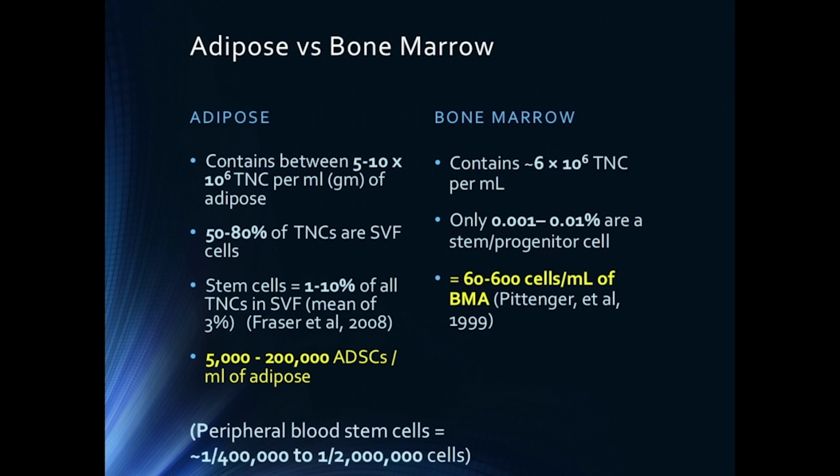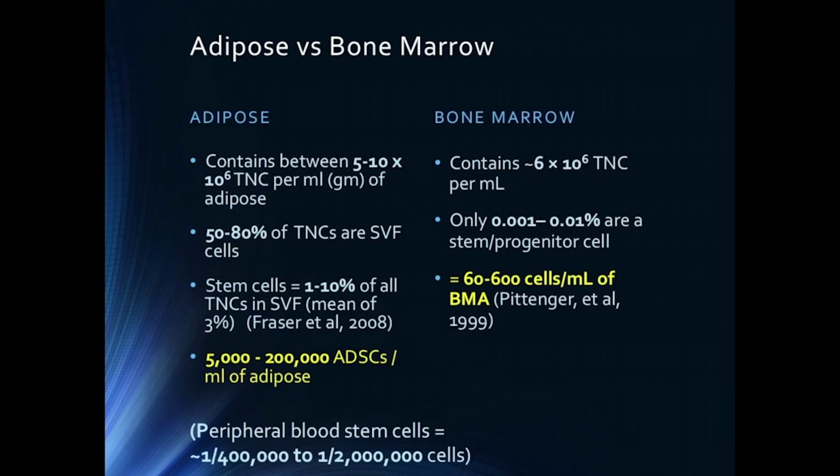If you take a volume of adipose, and in this case we're going to compare a gram of adipose, that's going to contain between 5 and 10 million total nucleated cells. TNCs are total nucleated cells. Of those TNCs, 50 to 80% of those are going to be stromal vascular fraction cells. If you remember from a previous slide, that includes everything that's not included in the extracellular matrix and the blood, okay?